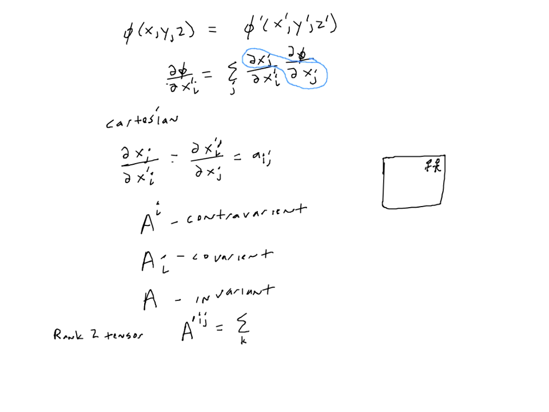And this rank 2 tensor is going to transform from the unprimed to the primed coordinate system using 2 transformation matrices. And so this is called a contravariant tensor because it has 2 indices and they're up, and you can see it's rank 2 because there's 2 indices, and it needs 2 transformation matrices to transform it.